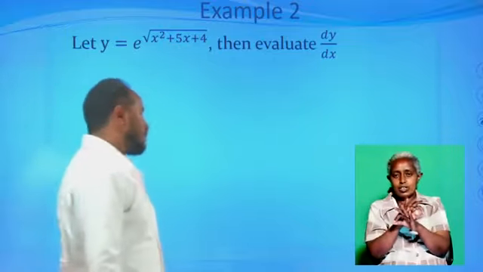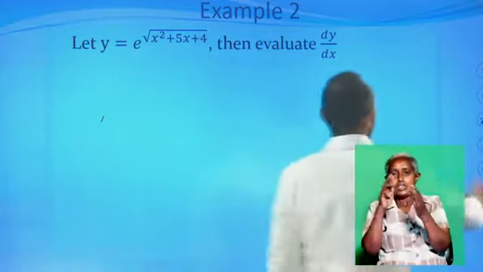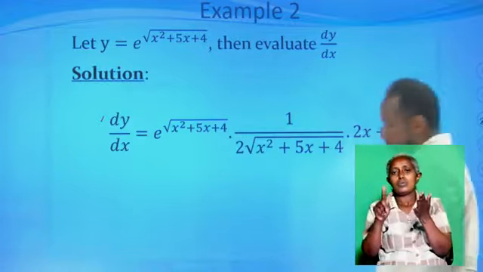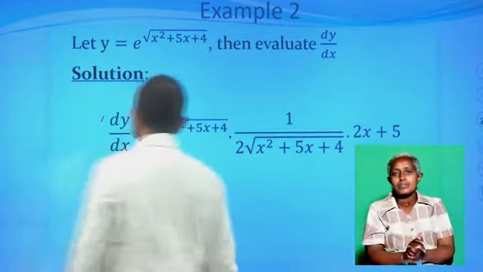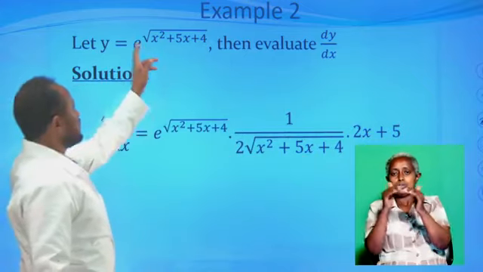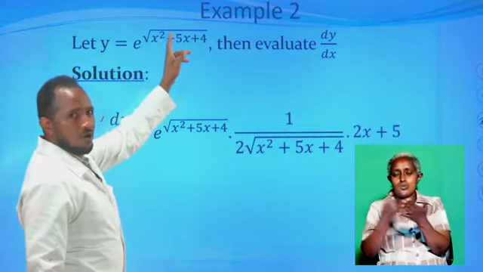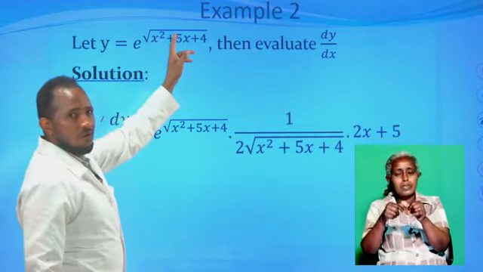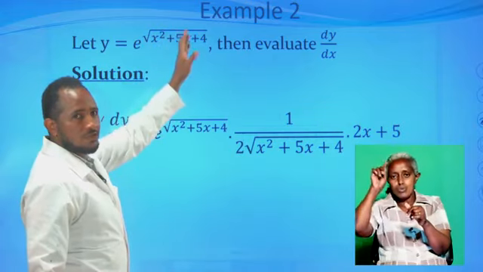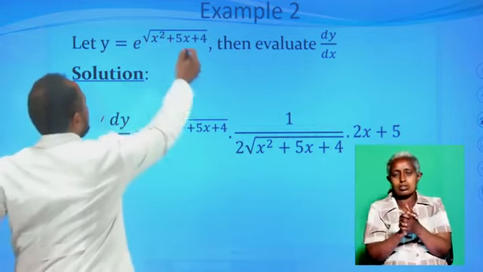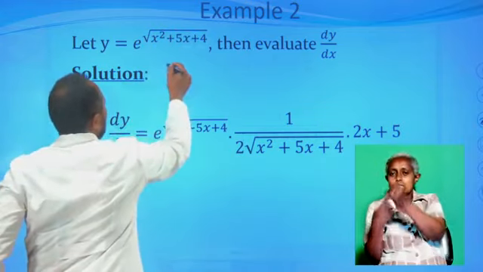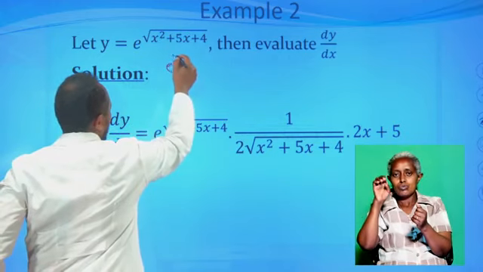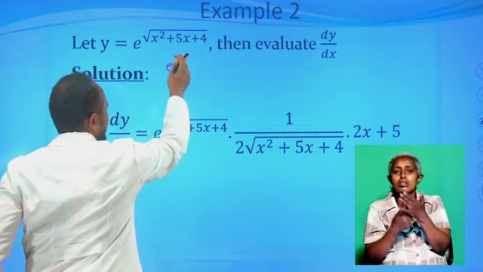So applying the chain rule, we'll have this one. dy by dx equals e raised to this part. I hope you remember the derivative of e raised to x is itself.